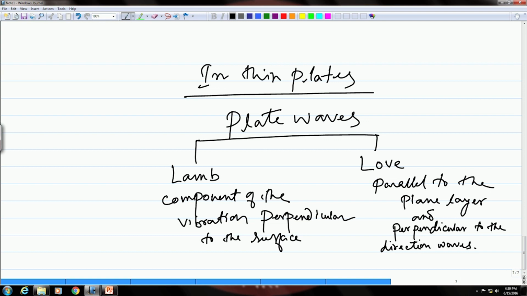Okay, so these are two different types of plate waves that you can find on thin plates. One is Lamb and another is Love.